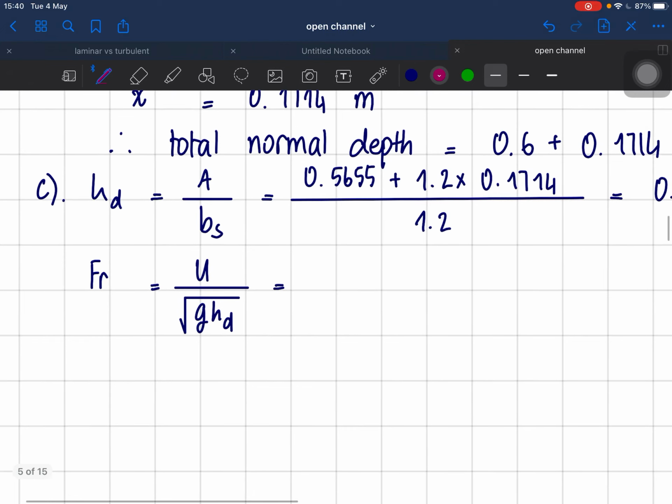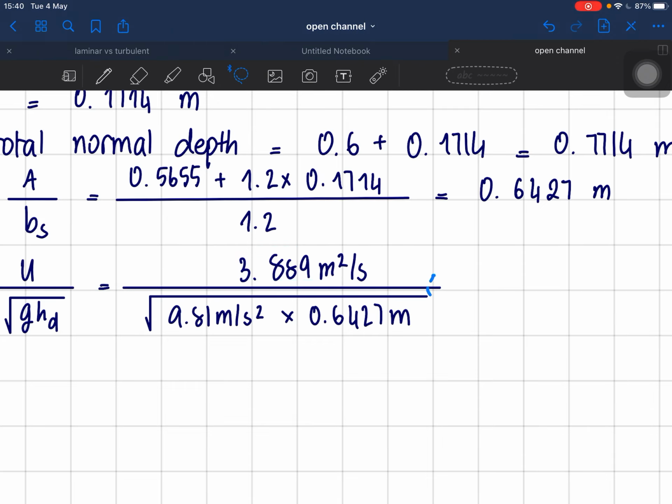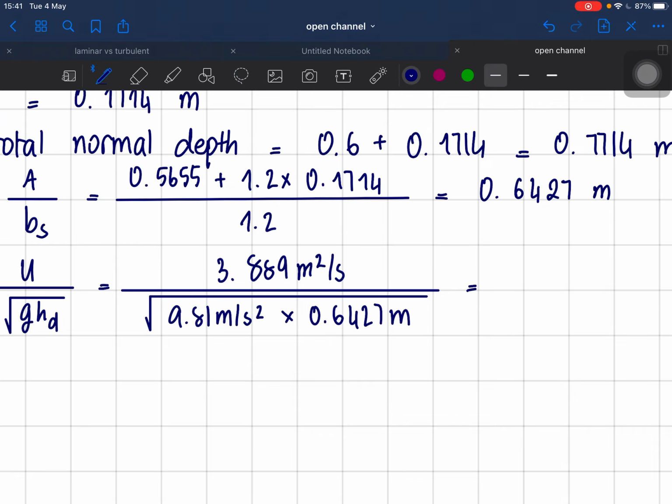Meter square per second. And then we can see that okay, so the Froude number that we get is 1.549.